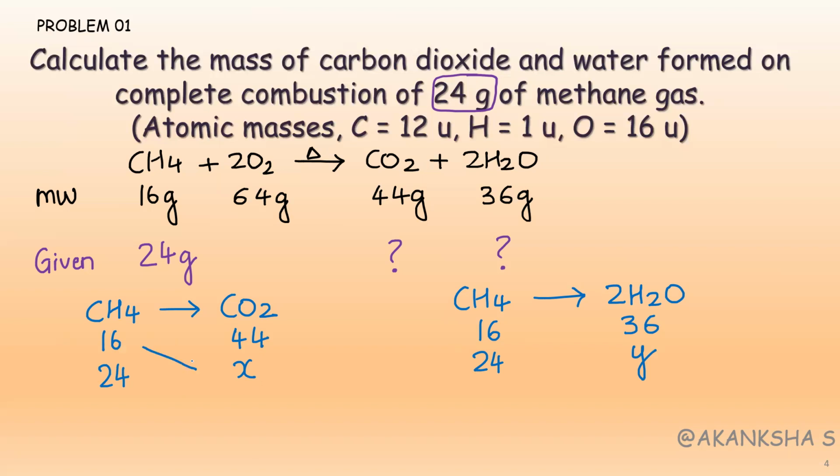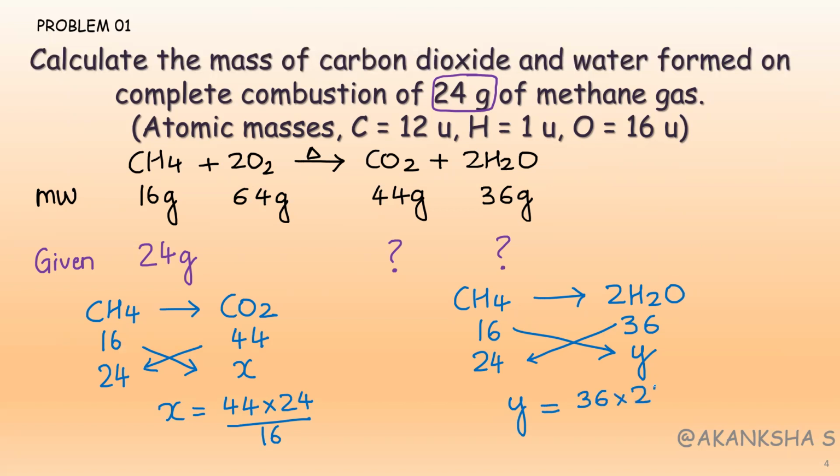So simple procedure, we just need to cross multiply this. Only by cross multiplying, you would be able to get your desired product weight. Okay, so cross multiplication gives us X equals 44 into 24 upon 16. Y equals 36 into 24 upon 16.